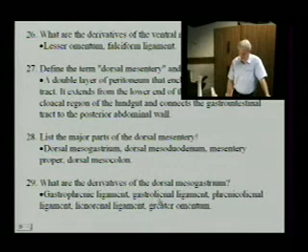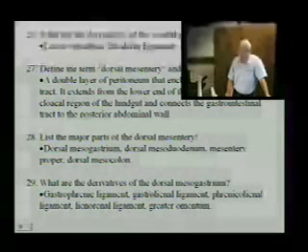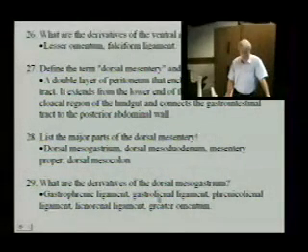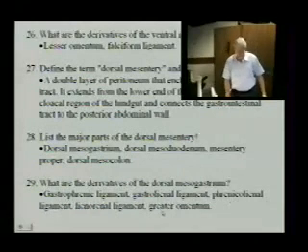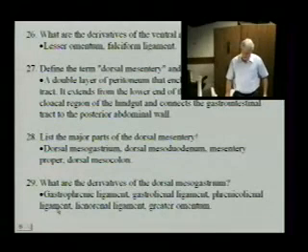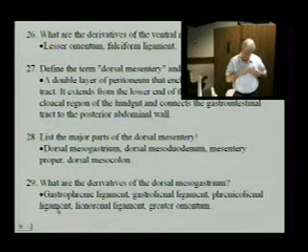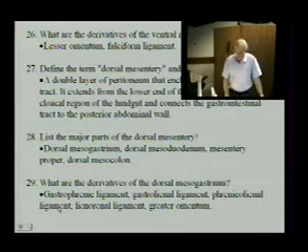So the gastrolienal ligament goes from the dorsal aspect of the greater curvature of the stomach on over to the spleen. The spleen is suspended from the diaphragm, where the esophagus comes through the diaphragm, just off a little bit to the left and posteriorly. So there is a phrenicolienal ligament, and then a lienorenal ligament.